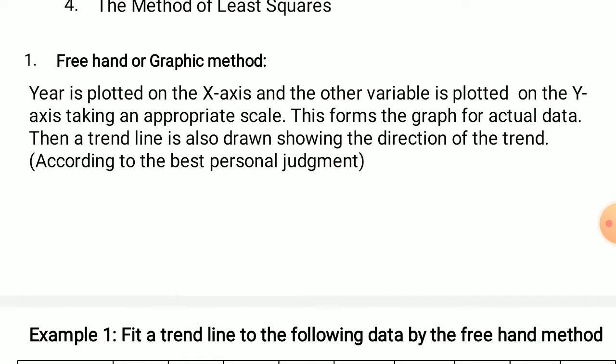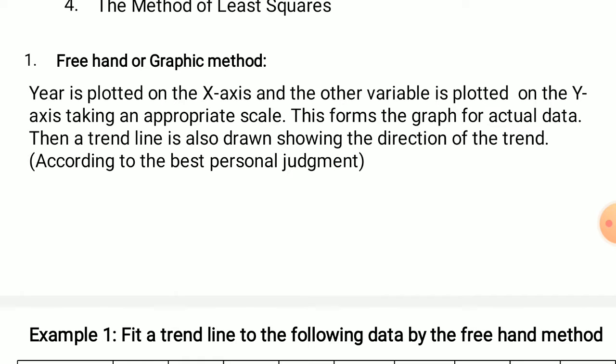The year is plotted on the x-axis and the other variable on the y-axis, taking an appropriate scale. This forms the graph for actual data. Then a trend line is also drawn showing the direction of the trend.